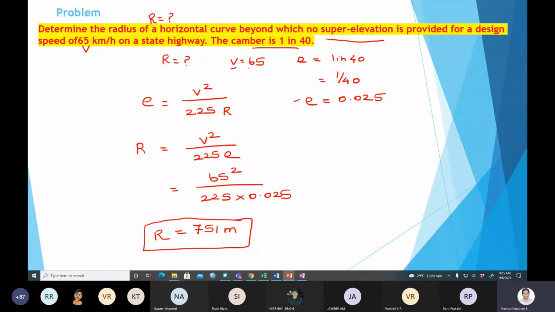V is 65, E is 1 in 40, that is 1 divided by 40, which gives 0.025. Then you know the equation for super elevation. You apply the values of V and E, then you will get the radius 751 meter. So this is what we provide in the field as the radius of the horizontal curve for the design speed of 65 km per hour and the camber of 1 in 40.